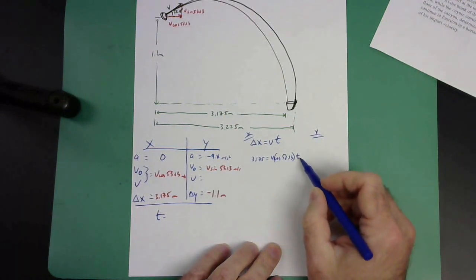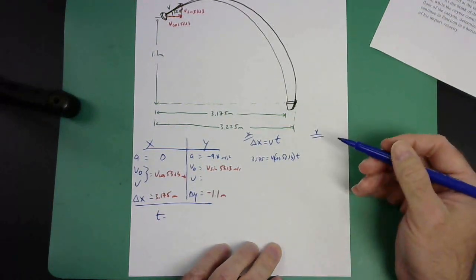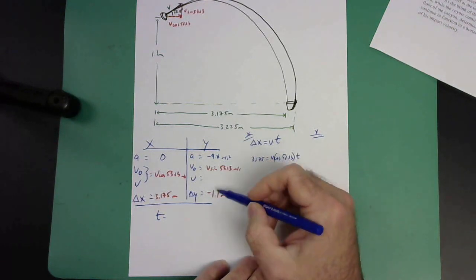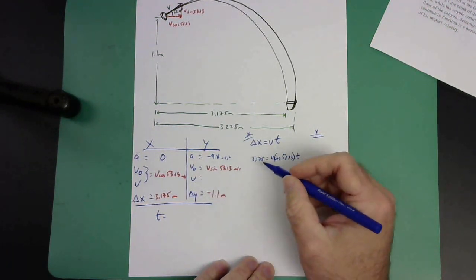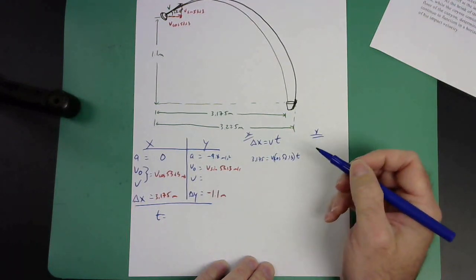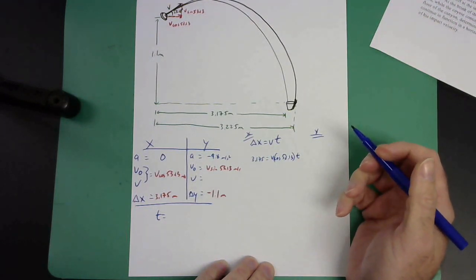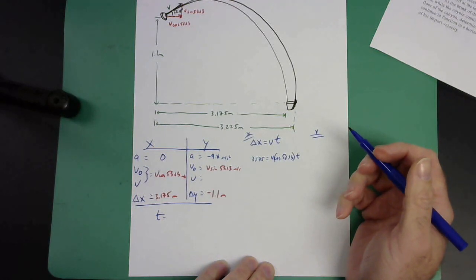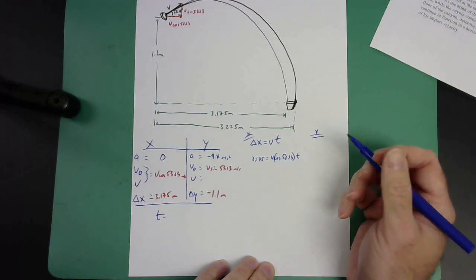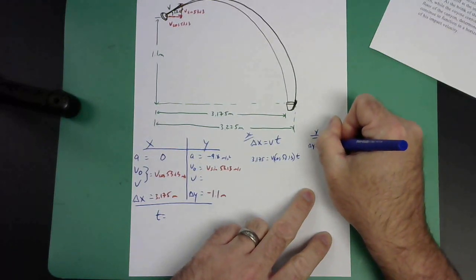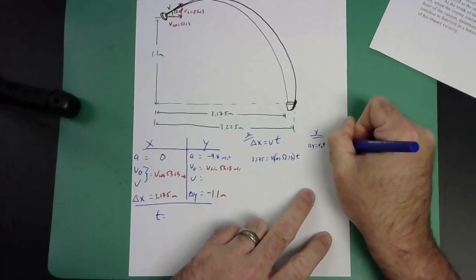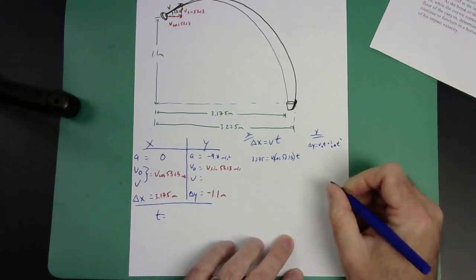Then on the y-axis, I'm trying to find v. I need to get rid of t, so I need another equation that has t in it. Well, why not use delta y equals v naught t plus 1/2 a t squared, right?